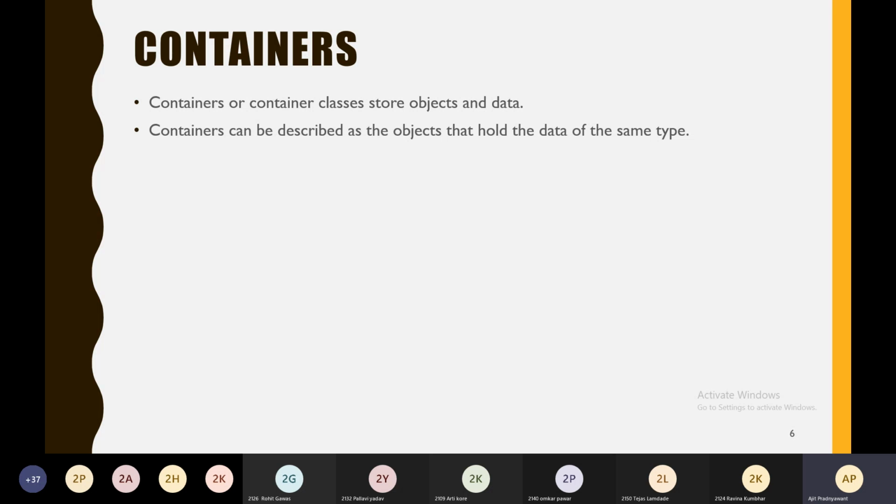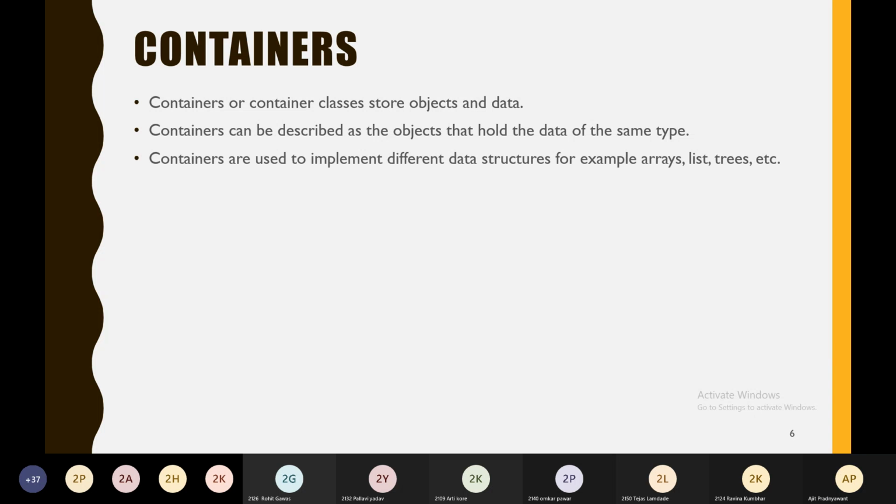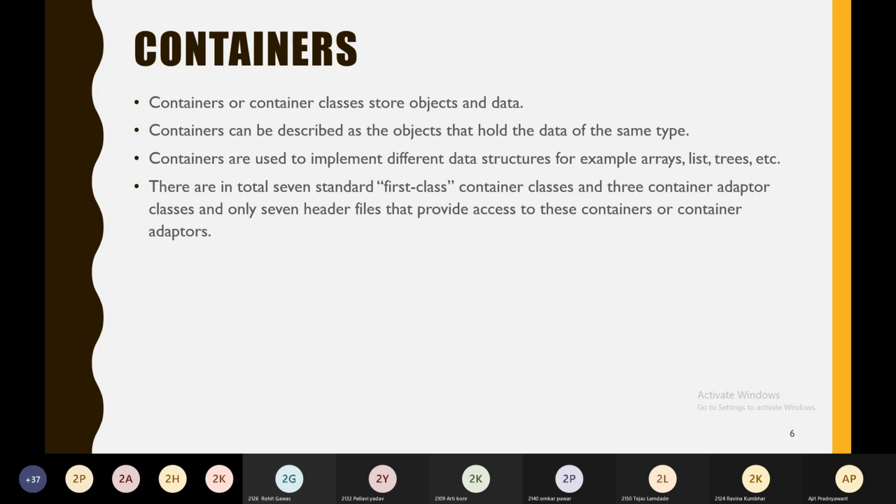Keep in mind, these containers will hold data of the same type. Containers are used to implement different data structures, for example arrays, list, trees, and so on. There are in total 7 standard first-class container classes and 3 container adapter classes, and 7 header files that provide access to these containers or container adapters.